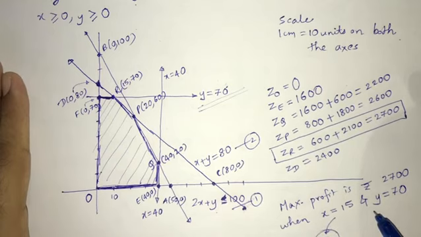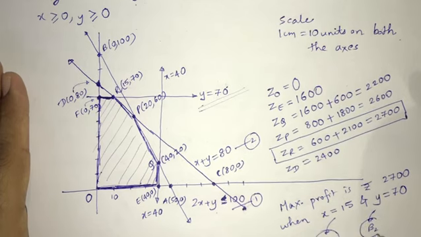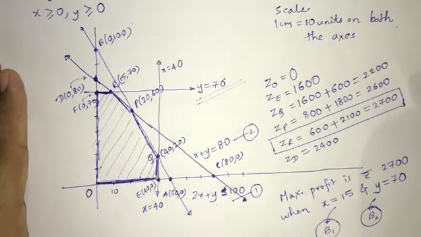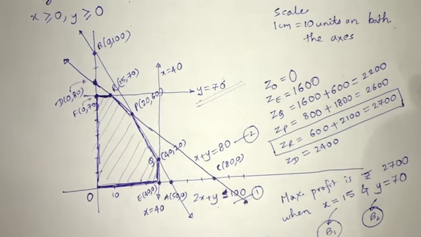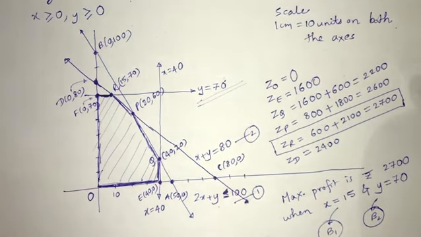Number of belts of type B1 should be 15, and B2 should be 70. We will get the maximum profit, that is 2700. So that is the solution.